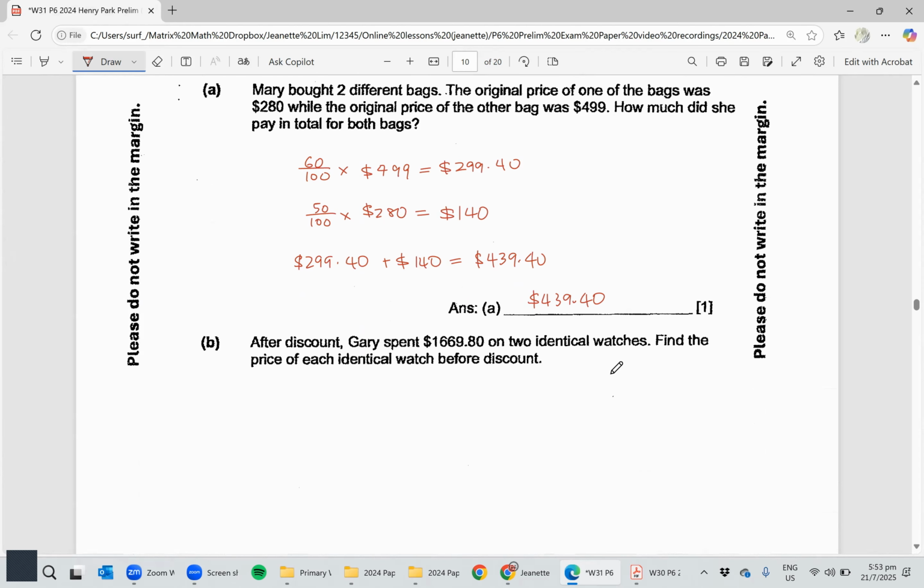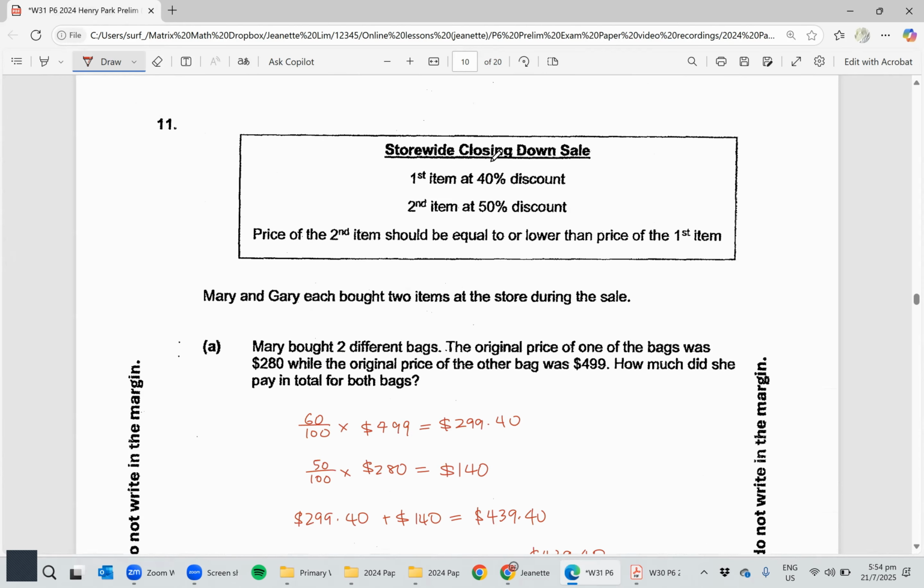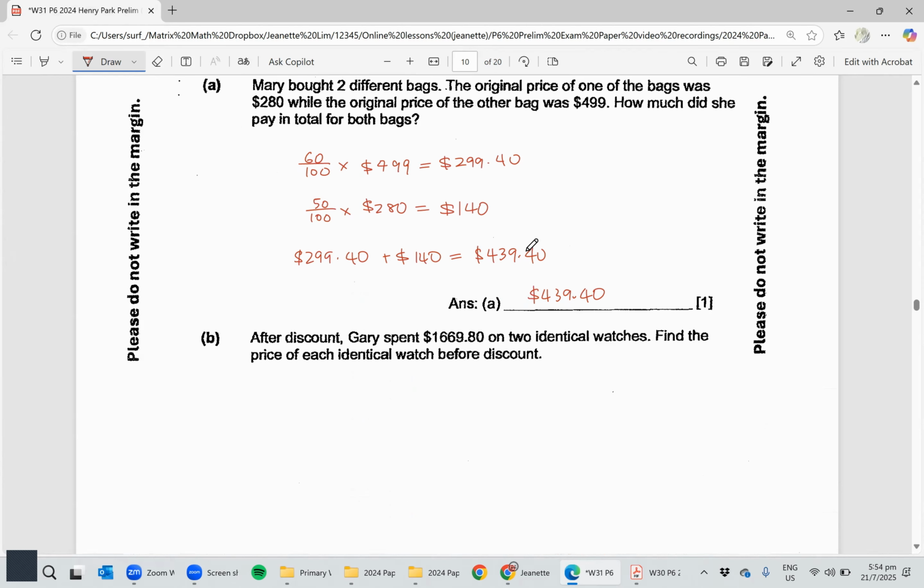Then the first watch would be gotten at 60 units. Second watch of the same price would be purchased at 50 units since it's 50%. So the amount that he pays would be 60 units plus 50 units. So 110 units is what he paid.